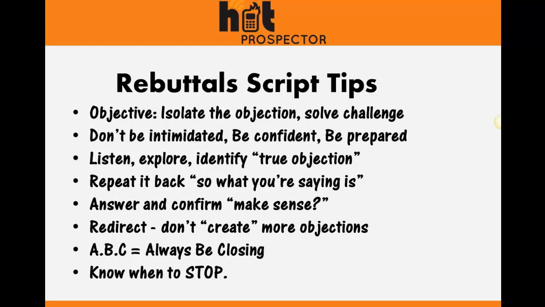Okay? And I'll sometimes throw this in there depending on where we're at, but if I were able to confirm or fix X, then we can earn your business today, right? That type of thing, okay?